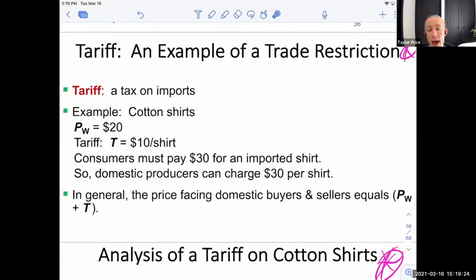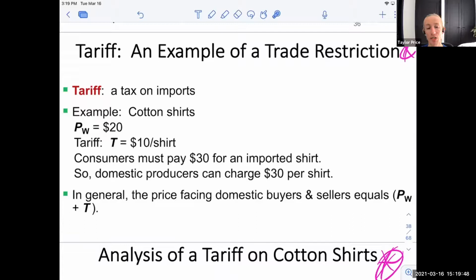So then what happens is, domestic producers, previously, were charging a price of $20 before the tariff. But now because of the tariff, domestic producers can raise their prices to $30 as well, so it matches the new price for imported shirts.